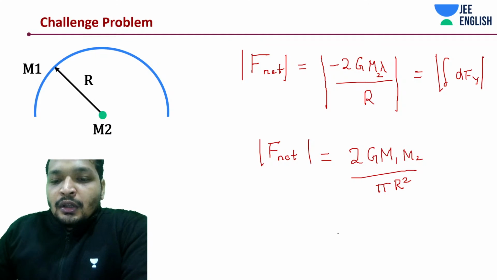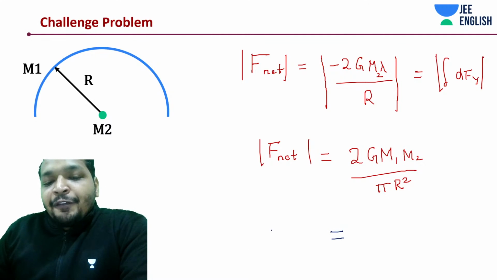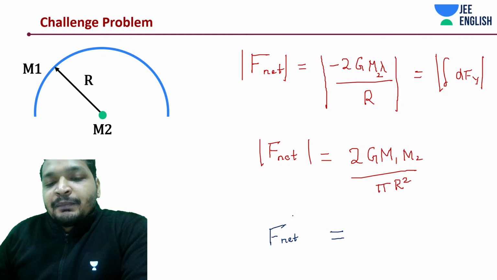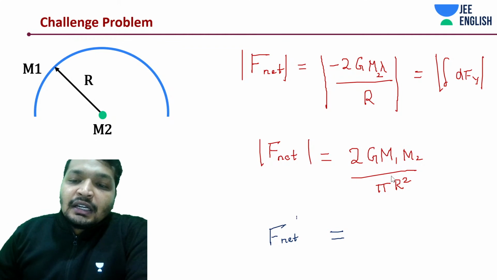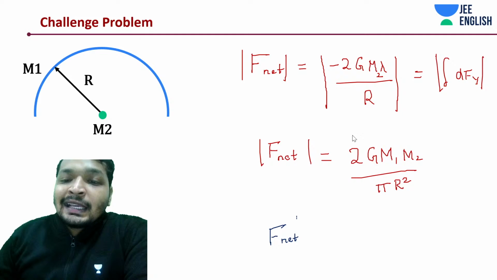Alright, guys, so your F net in our case, let me label it something like this. What are we deriving? We are deriving force on ring.